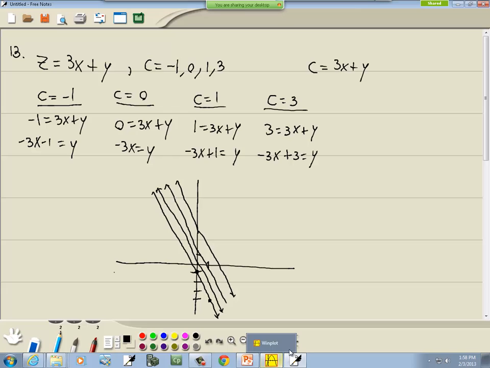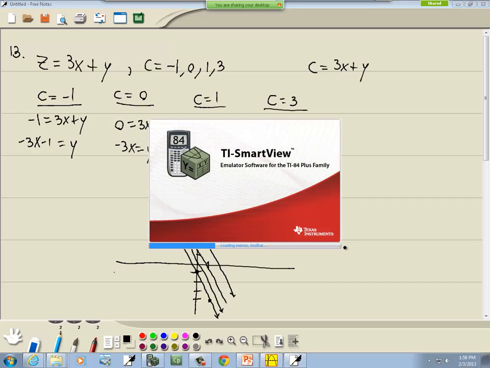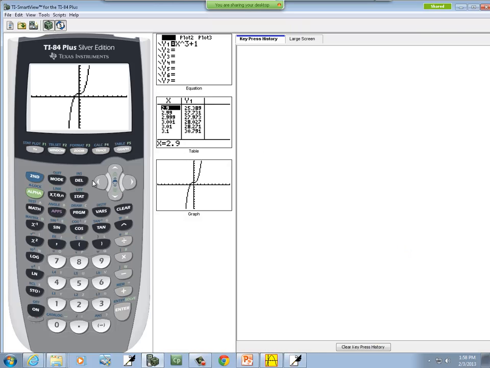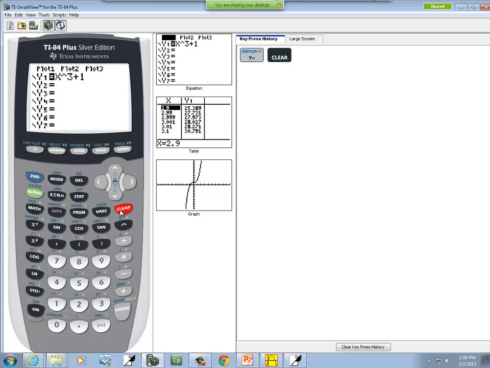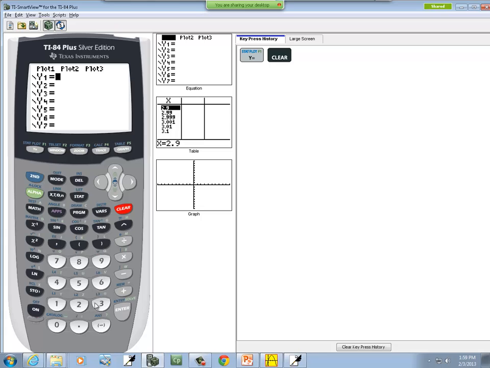Let me go over and do it on WinPlot. I can do it on the calculator though, so let me do it on the calculator. Because remember, we're trying to show the 3 dimensions in 2D. Okay, so if I press y equals, press clear, on y1, I can put my first one, which is -3x minus 1. So -3x minus 1.